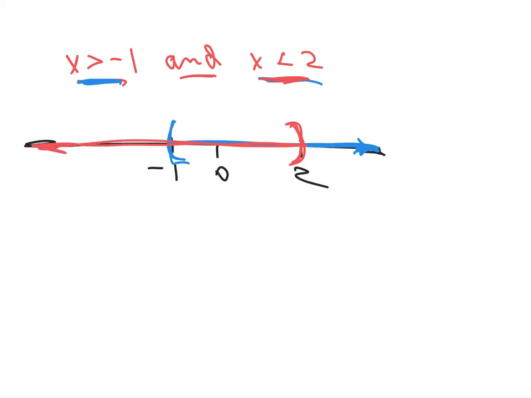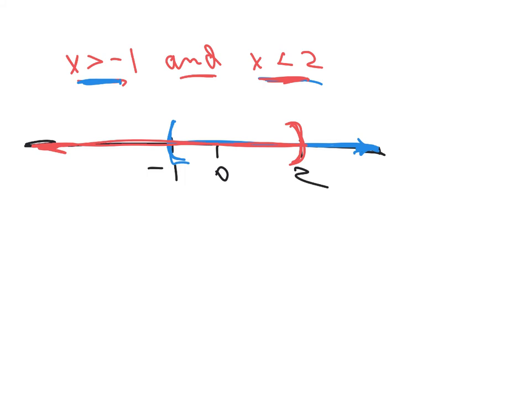All right, so the answer ends up being what these two graphs have in common, where the red and blue are together. See, over here it's just blue, over here it's just red, but where they're red and blue together, that's what we're going to use. So we're going to, for the most part, just get rid of everything where the blue and red aren't together, and that ends up being our answer.